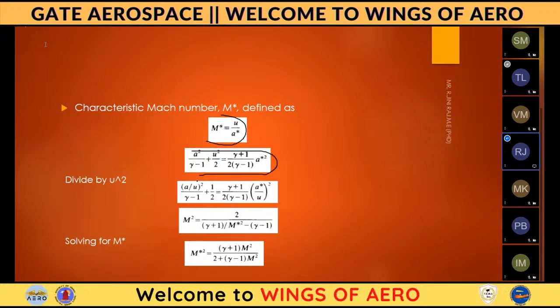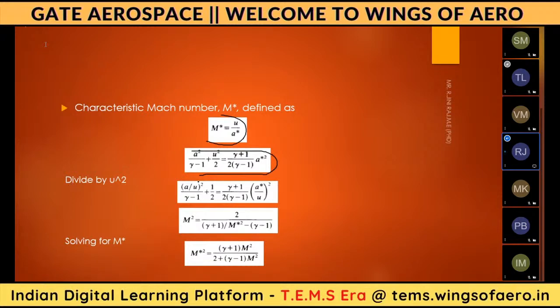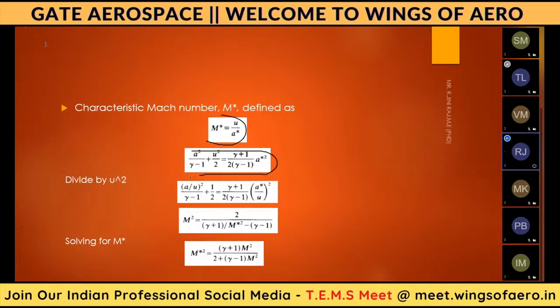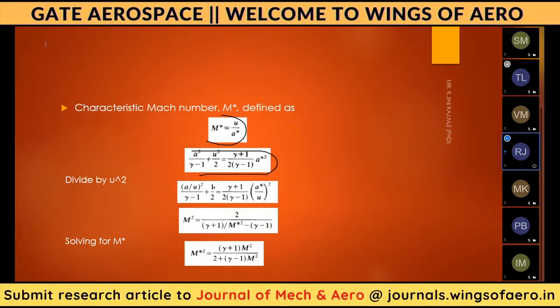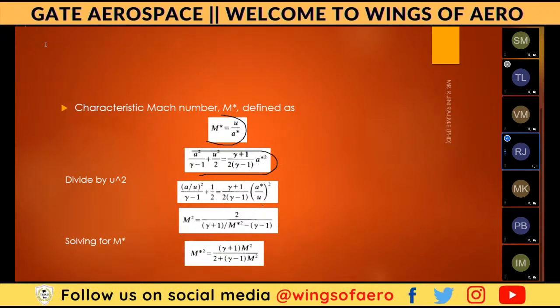So in this formula I'm dividing this by u square. When I divide the above equation by u square, it will become a by u the whole square divided by gamma minus 1 plus u square by u square. It will get cancelled and become 1, and the right hand side a star by u the whole square.